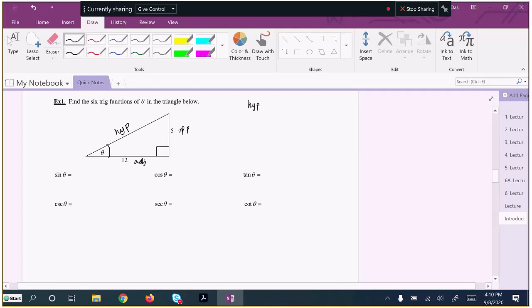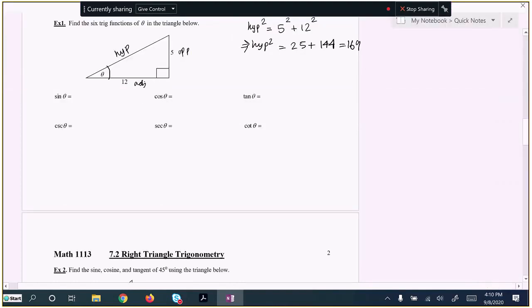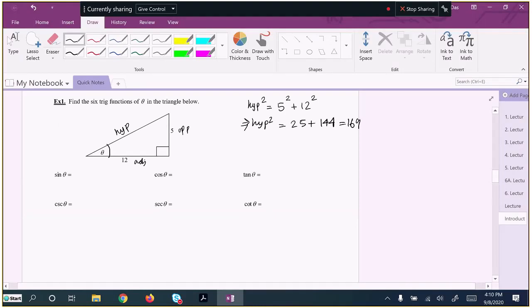So the Pythagorean theorem tells me hypotenuse square equals opposite square, so 5 square, plus adjacent square, so 12 square. So I get hypotenuse square equal to 25 plus 144, which is 169. Then I can take the square roots on both sides. So the square root of hypotenuse square is the square root of 169.